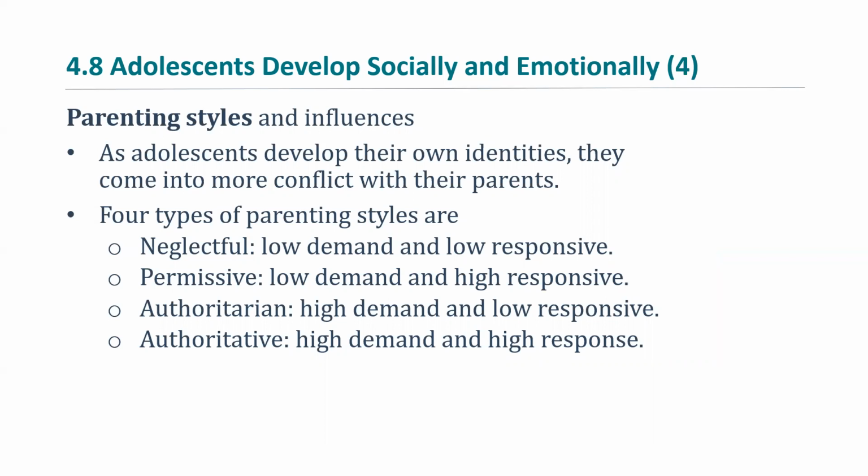But remember, as we get into adolescence, we reach Piaget's fourth stage, where we can now start to think about things in more hypothetical ways, and imagine different scenarios, different ways of being.